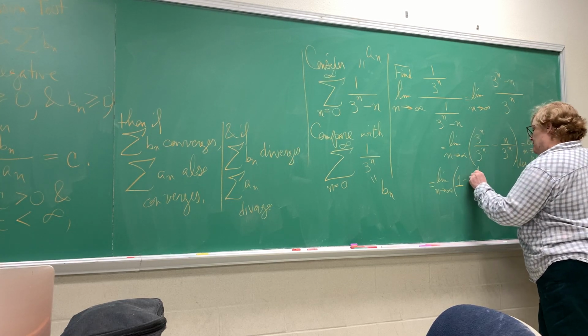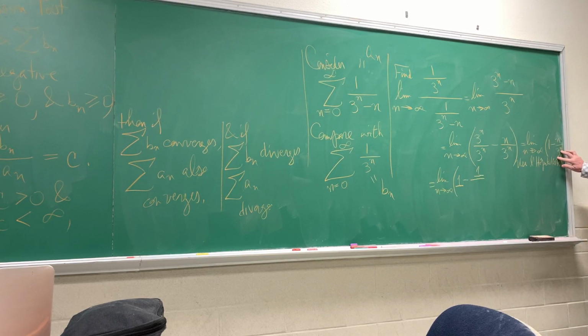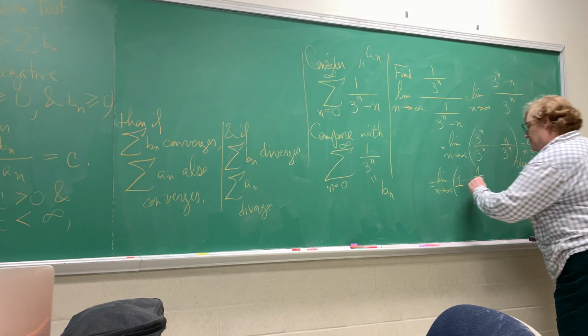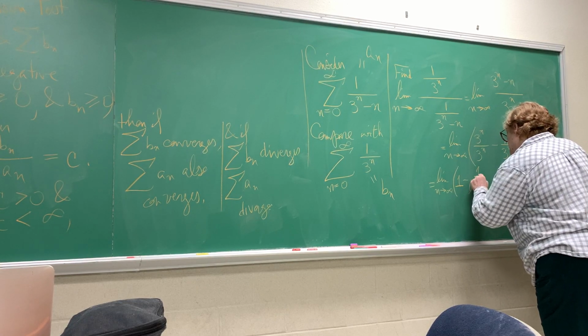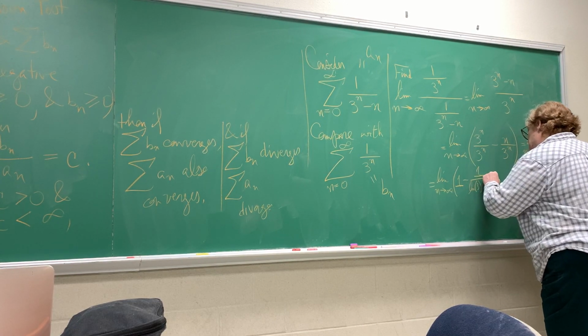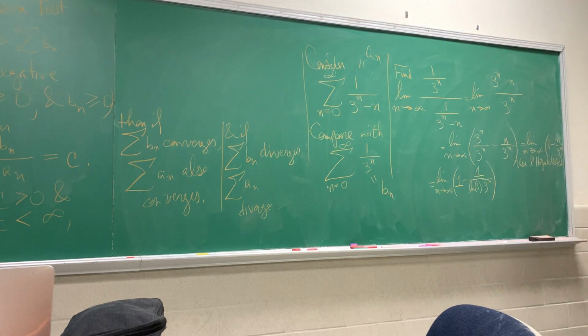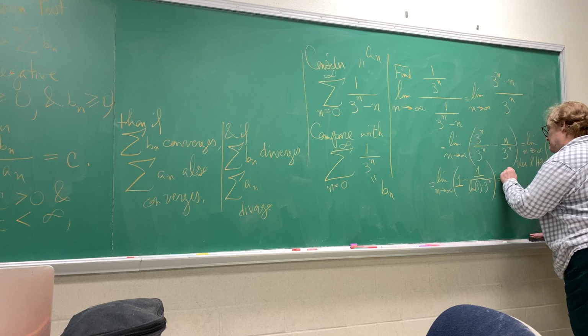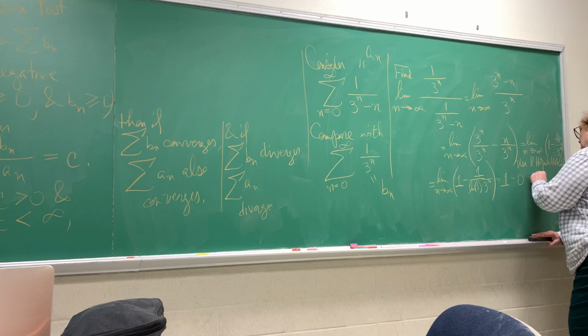And the derivative of the bottom is going to be natural log of 3 times 3 to the n, is that right? And what does that second fraction go to as n goes to infinity? That's right. So this equals 1 minus 0, which is 1.